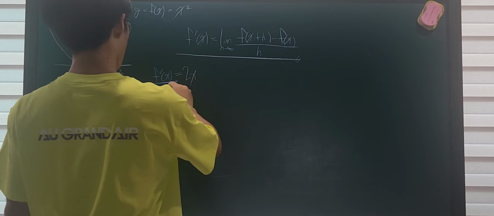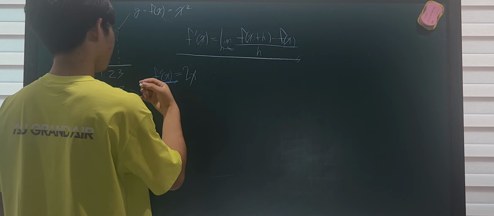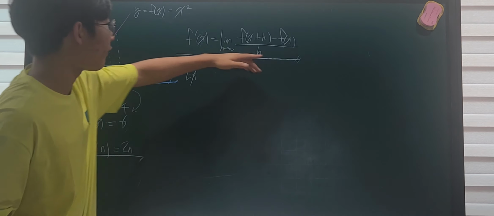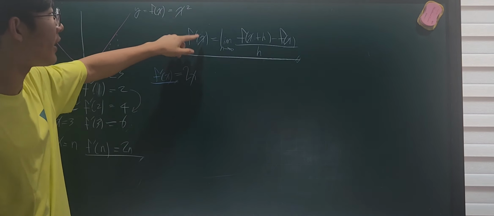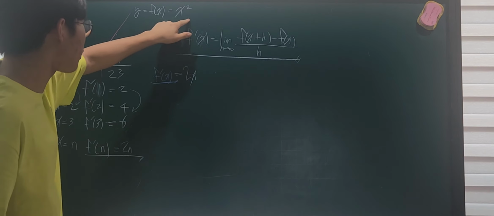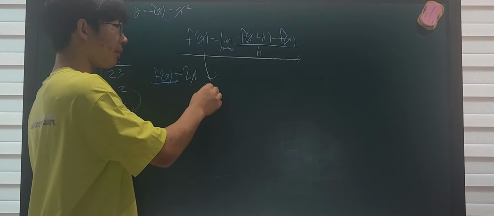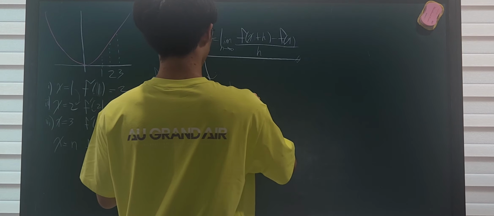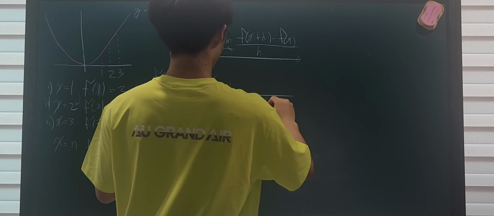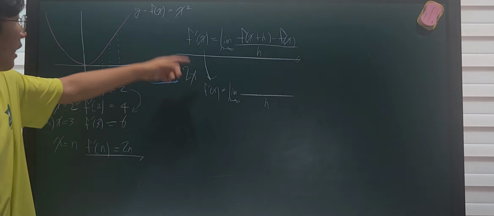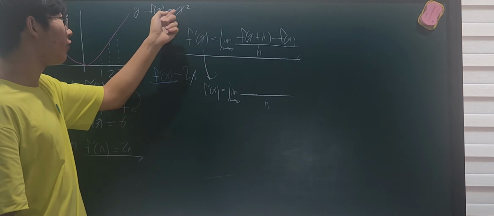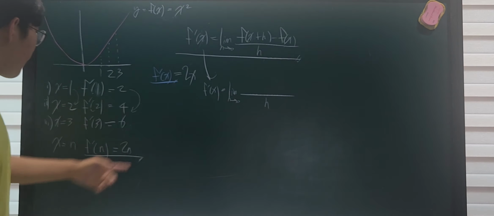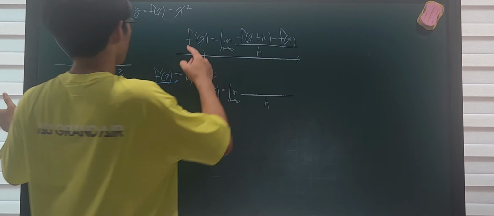So let's see if using this method is correct to find the derivative function of the original quadratic function y equals f of x. Applying this equation, I'll solve for the derivative function of the quadratic function y equals f of x to see if our pattern was correct or not.